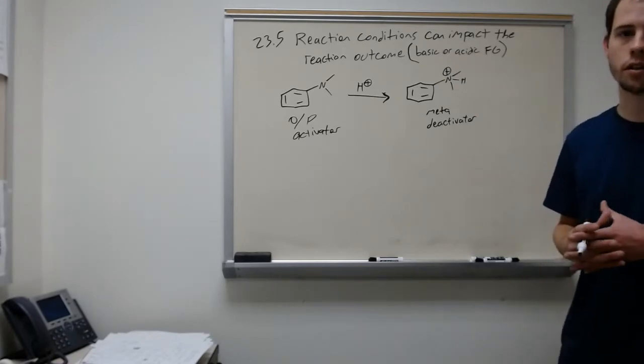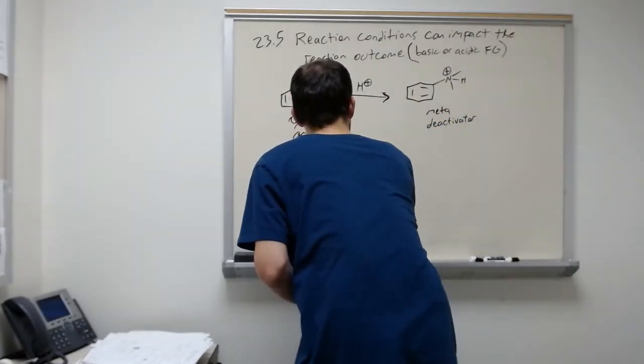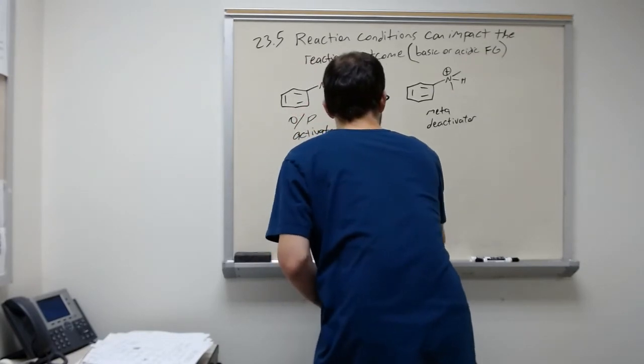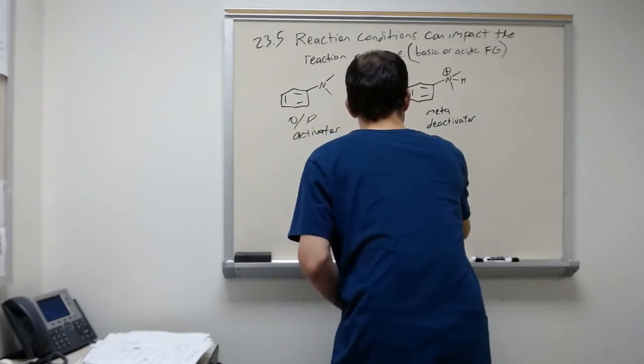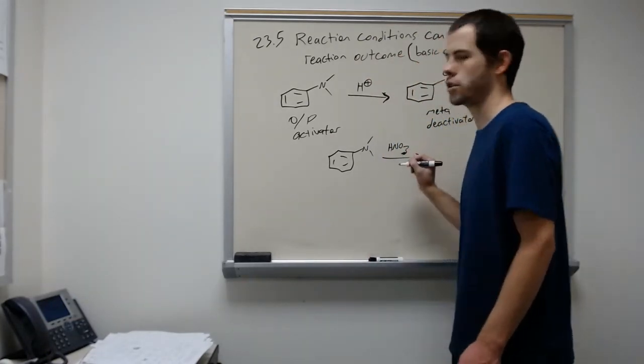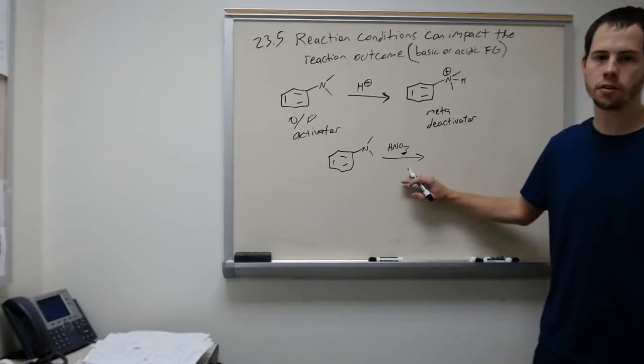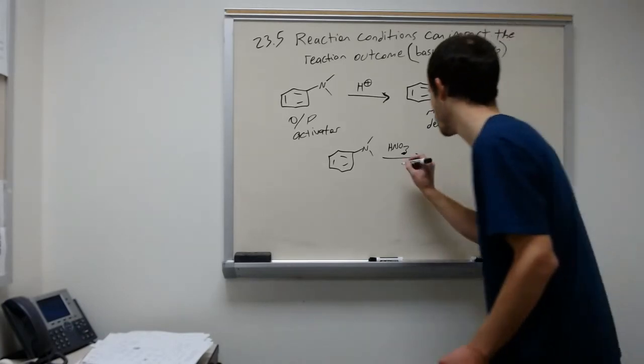So let's take a look at these two different examples here. We know usually that for nitration we use HNO3 and H2SO4. So we throw in H2SO4.